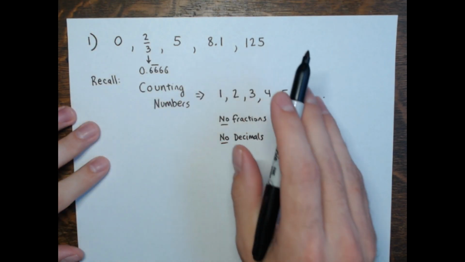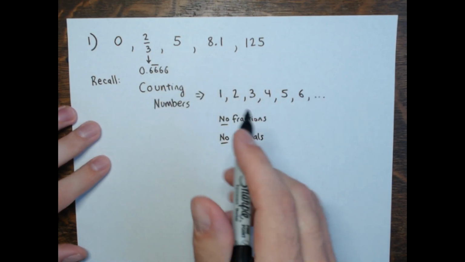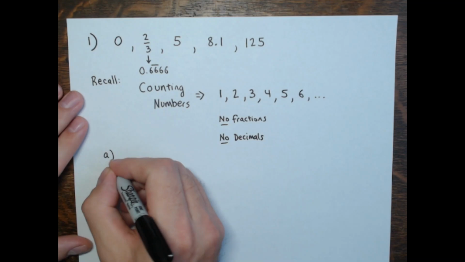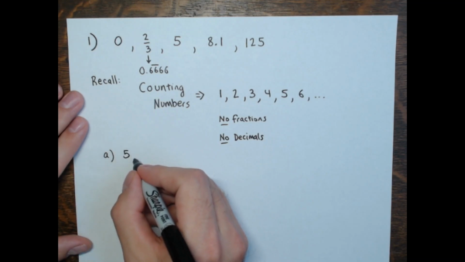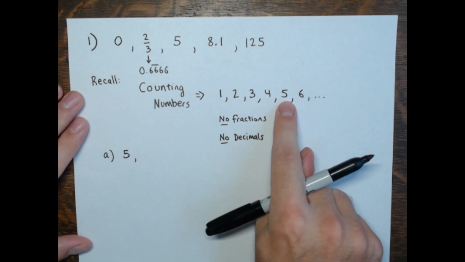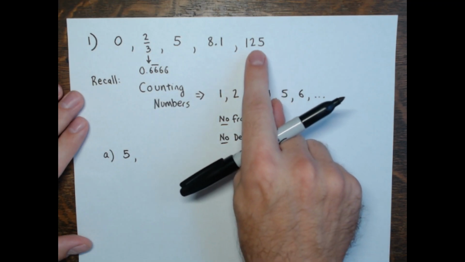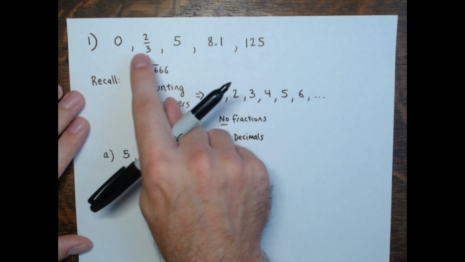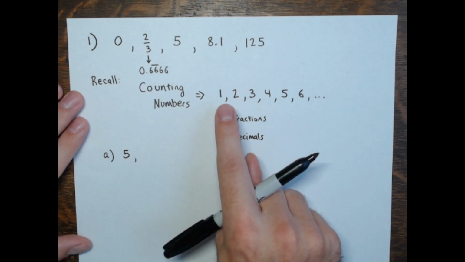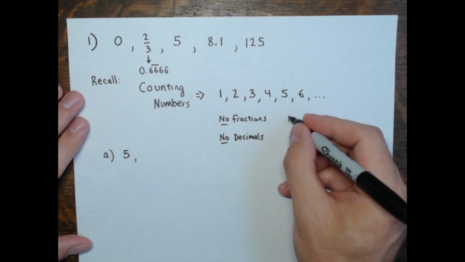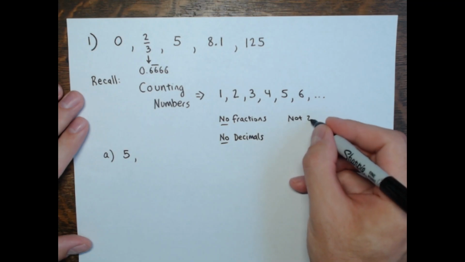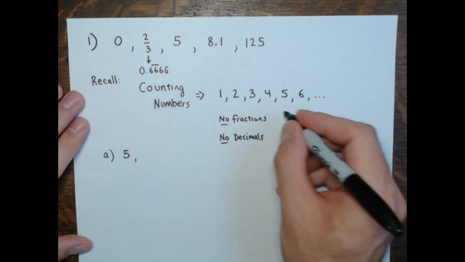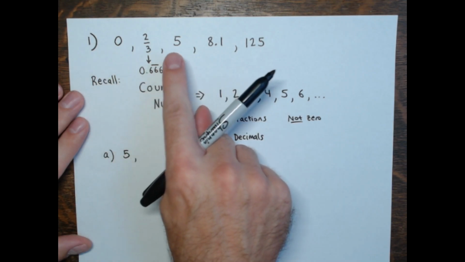So of these, part A, 5 is a counting number. I've listed it here. And then the only other ones here that are not fractions, not decimals, notice that 0, right? 0 is not considered a counting number.